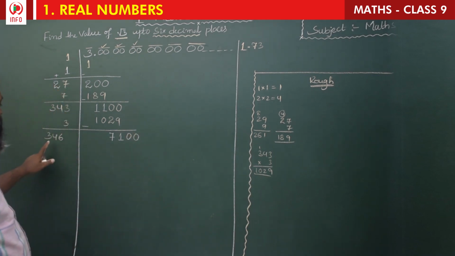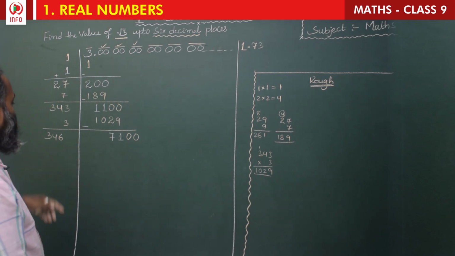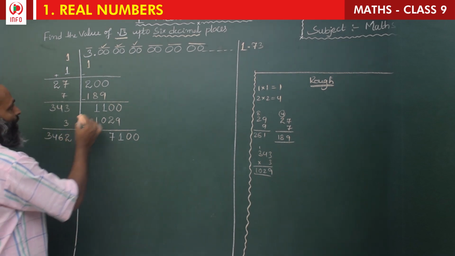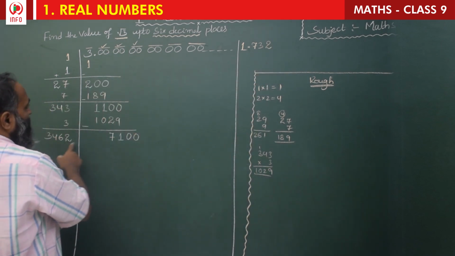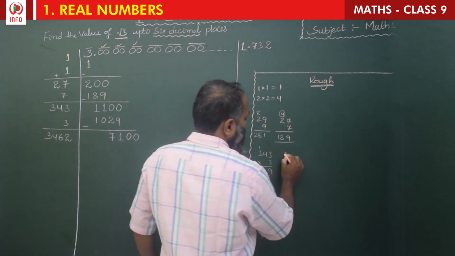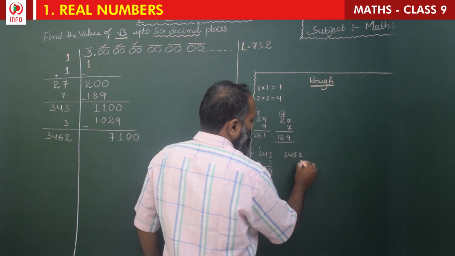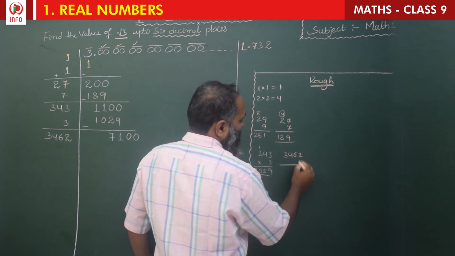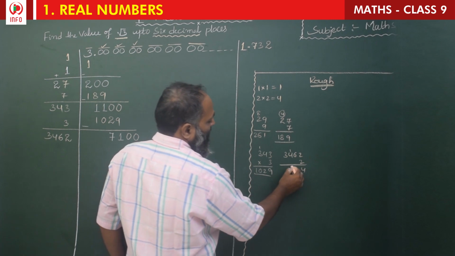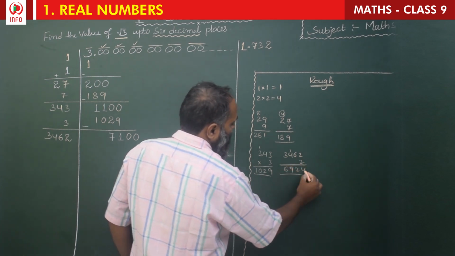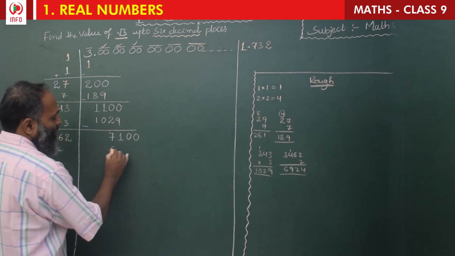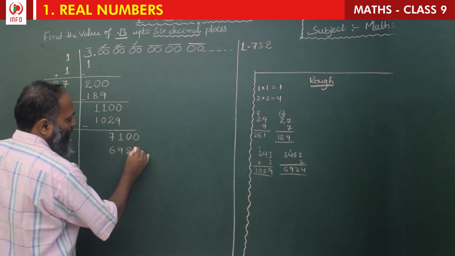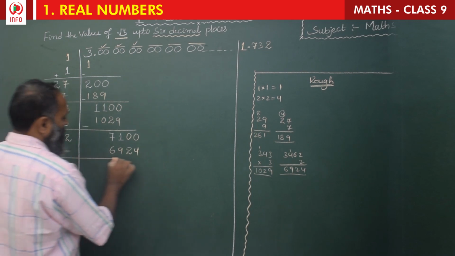Now in the 3 table, when will you get 710? 3 2s are 6, means here 2 and here 2. 3462 2s are: 2 2s are 4, 2 6s are 12, 2 4s are 8, 9, 2 3s are 6. 6924. Now subtract.